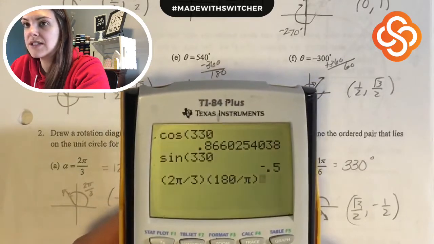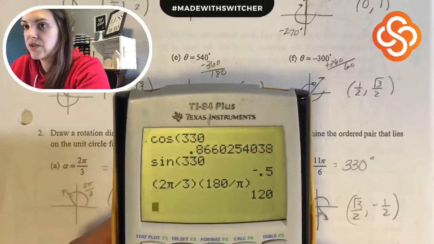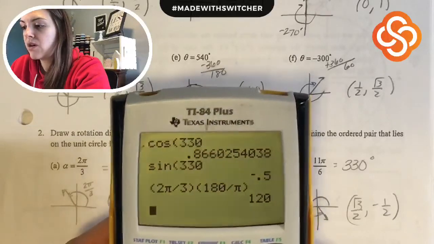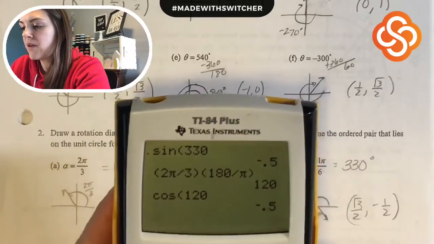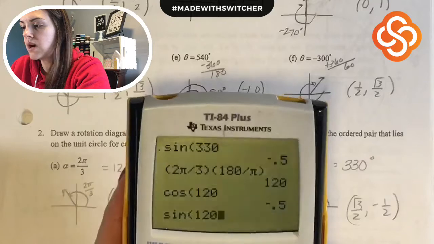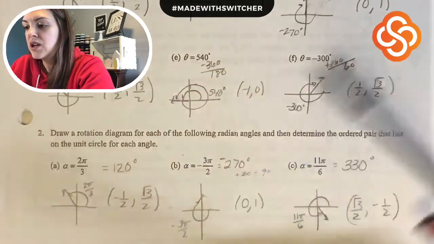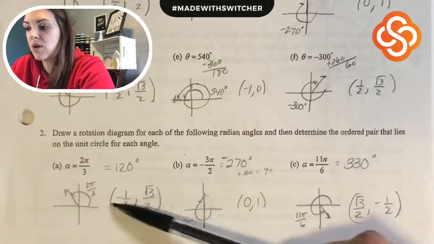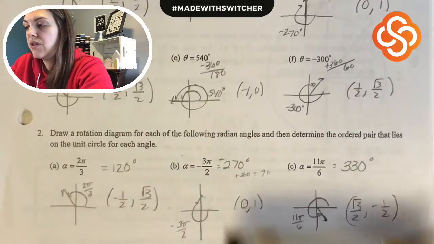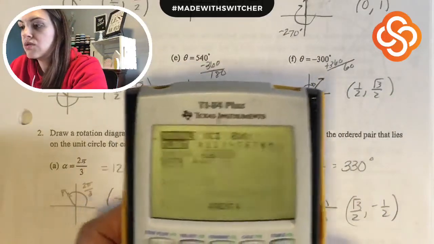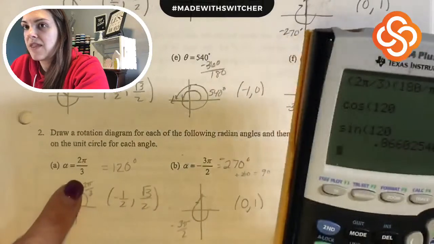We all did that together last Friday, and it's going to give us 120 degrees. Then we can do the cosine of 120 to get -0.5, and the sine of 120 to get 0.866. That decimal came up again, so we should be able to write those coordinate points there. Another thing you can do is change your mode to radian mode and type the actual radian in.